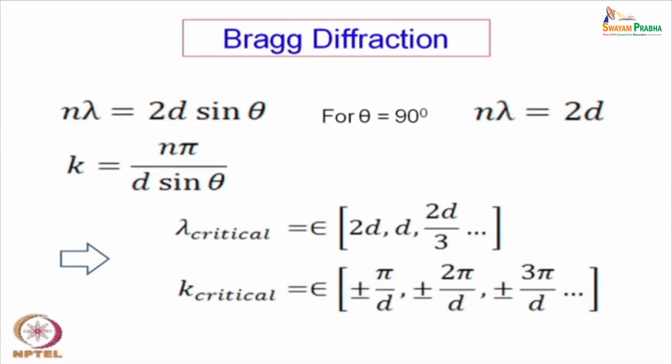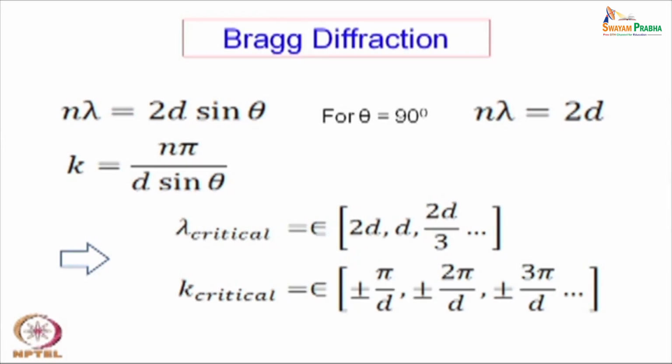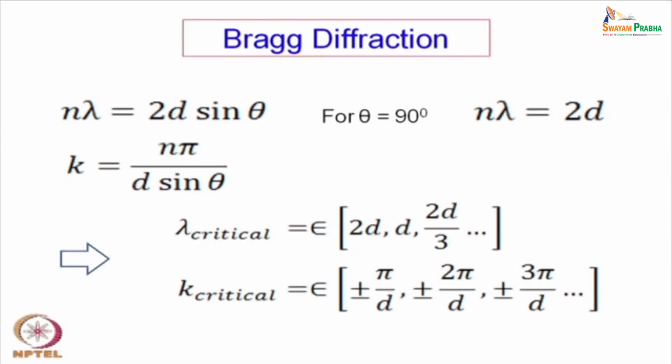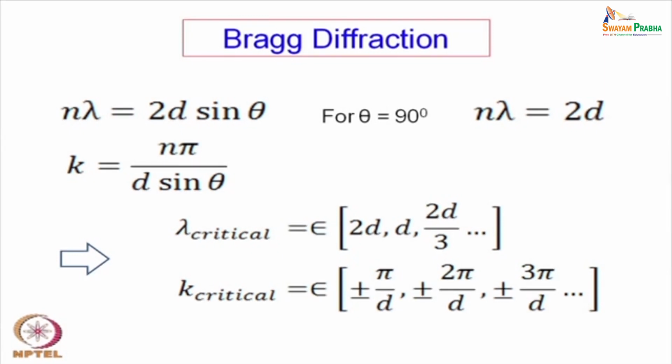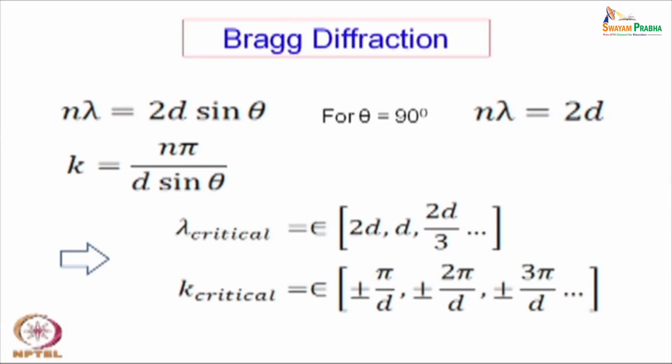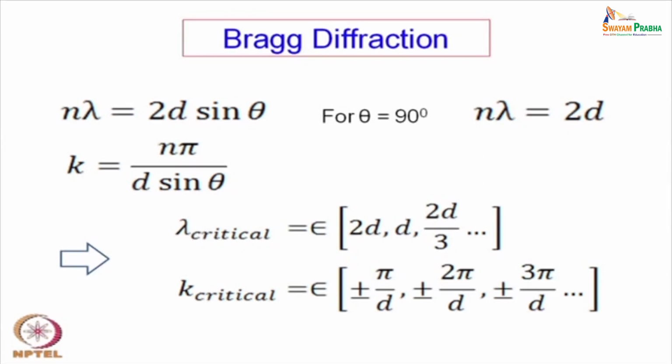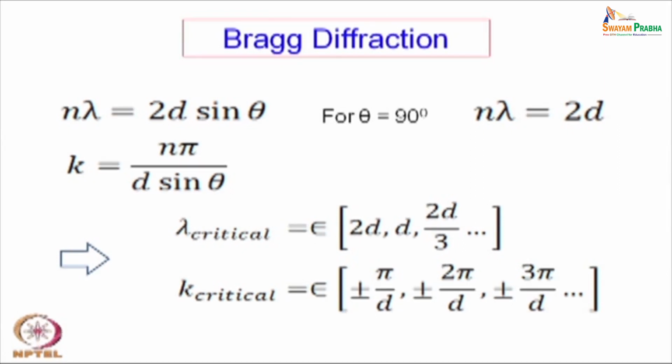We have considered electrons moving in a periodic lattice, not on a constant potential, but on a periodic potential. And because of this periodicity, the concept of Bragg diffraction also came in.